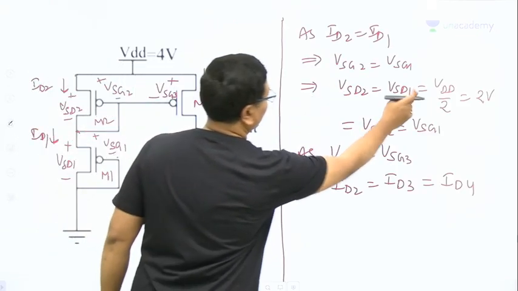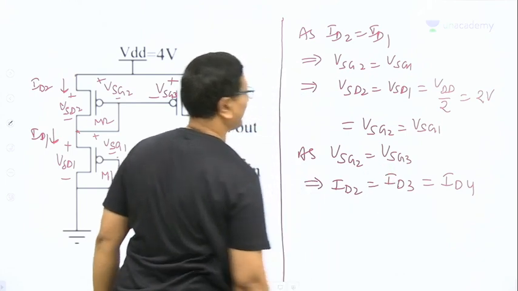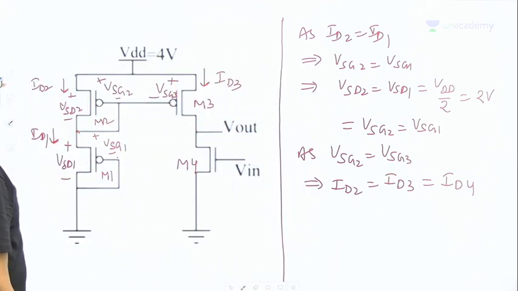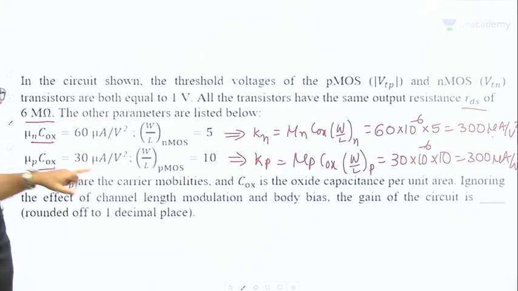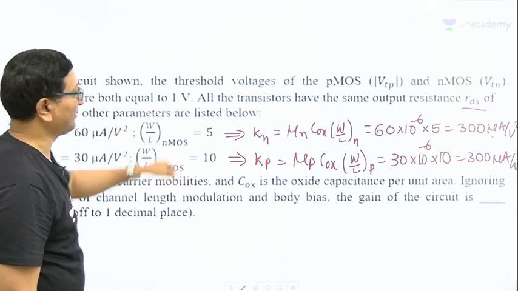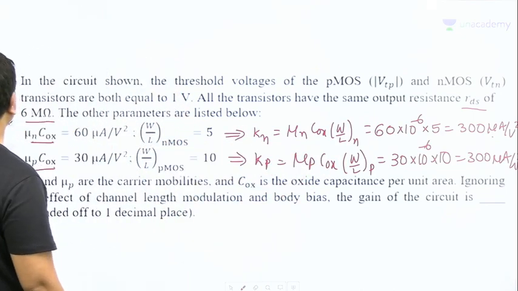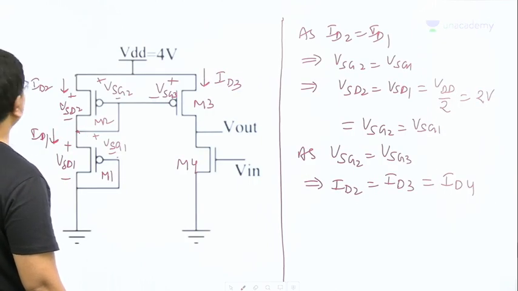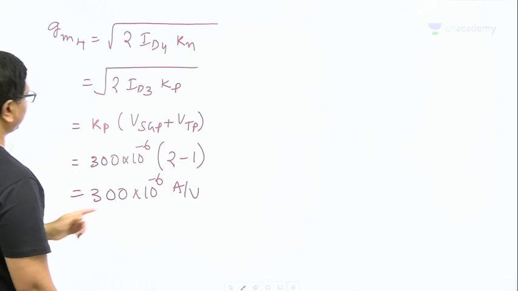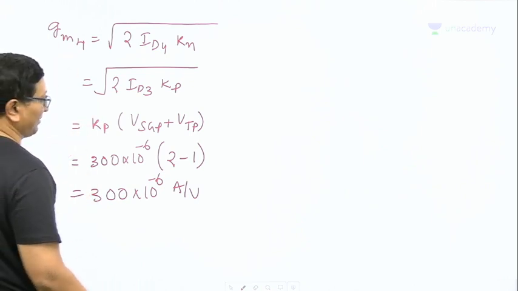We have seen VSG is equal to 2 volts, and in the problem they have given the threshold voltage is 1 volt, and Kn and Kp values are same. Based on the data only, we can easily write the value of Gm of M4.